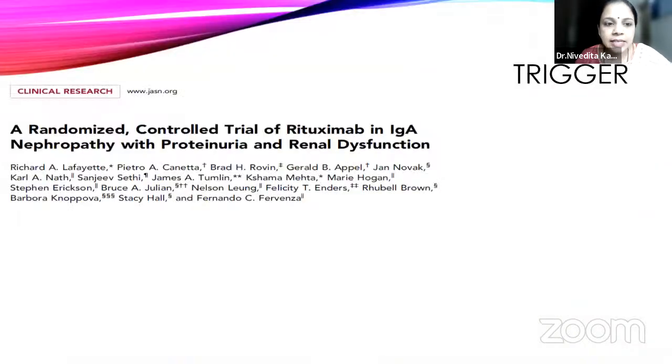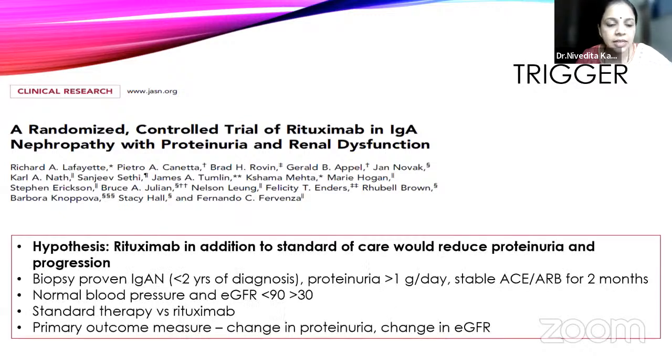This article has been sent to all the participants. This is used as a trigger for this entire session, and I will be using this to explain some terminology. This is a randomized controlled trial of rituximab in IgA nephropathy with proteinuria and renal dysfunction. The hypothesis is that rituximab, in addition to standard of care, would reduce proteinuria and progression.